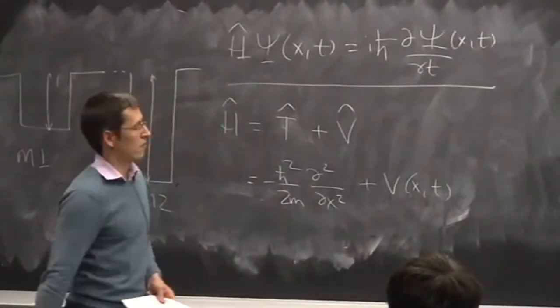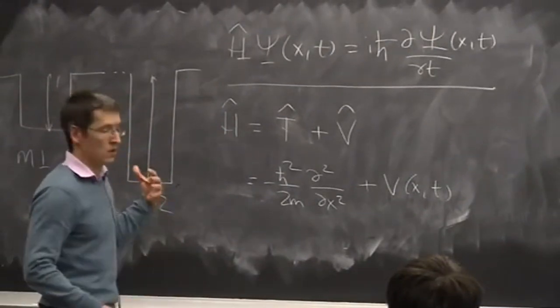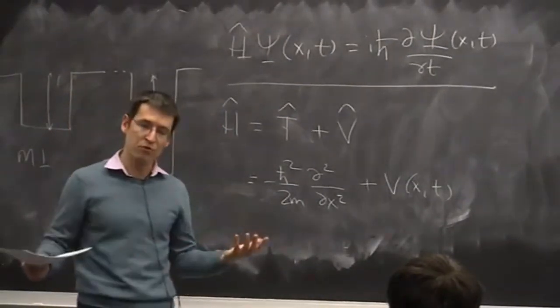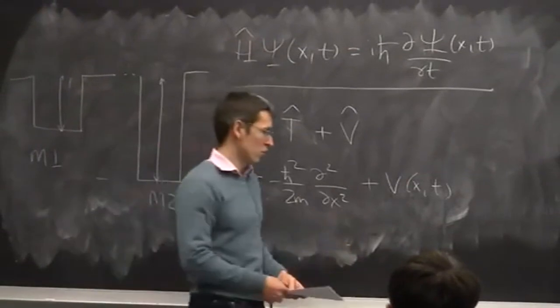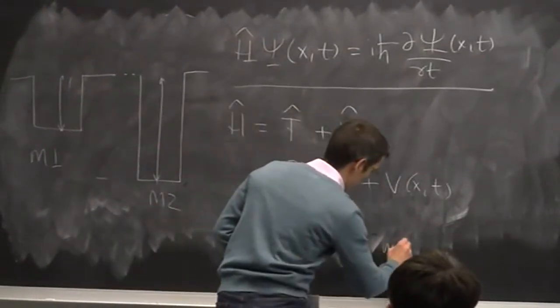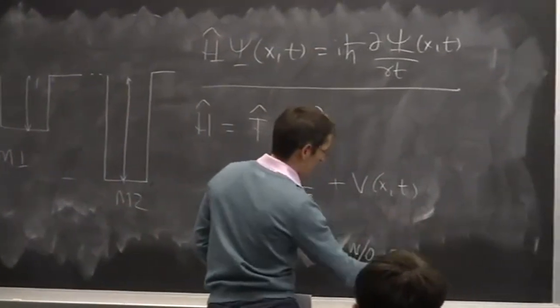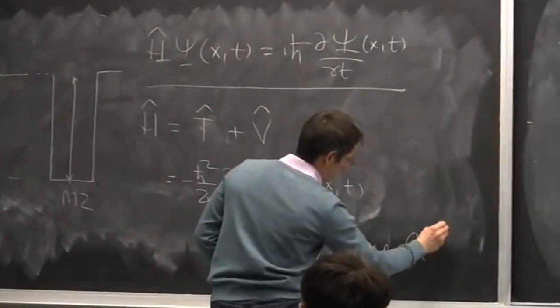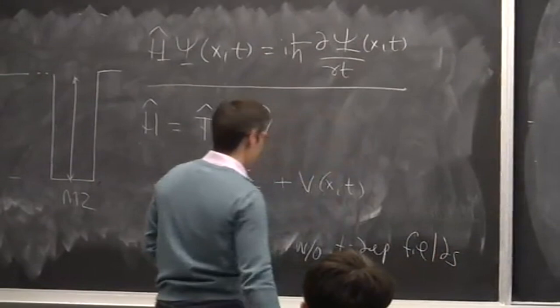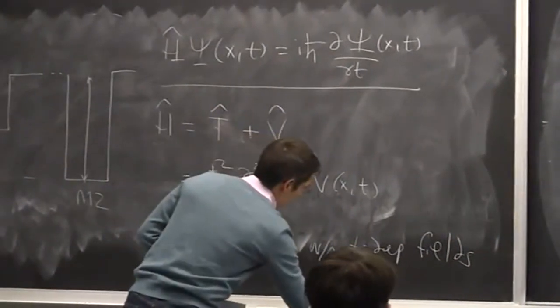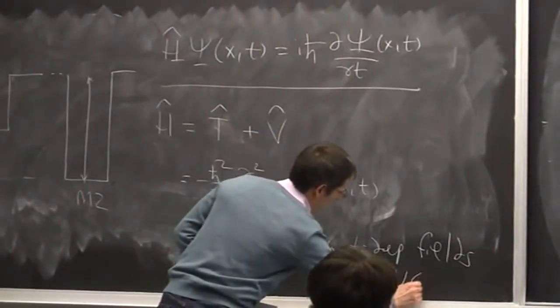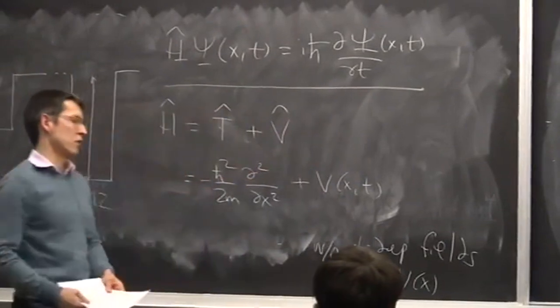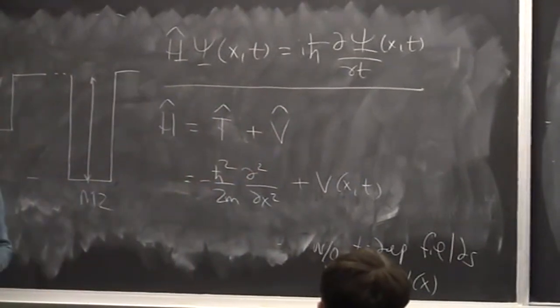If you have a system without time-dependent external fields, say electromagnetic fields, then V of x, t is simply V of x, so the potential only has a space dependence.